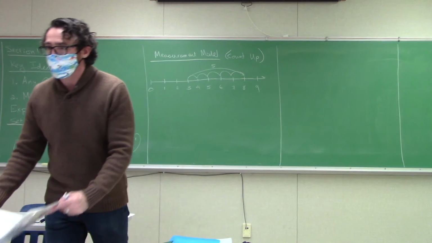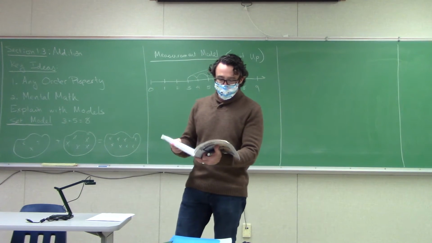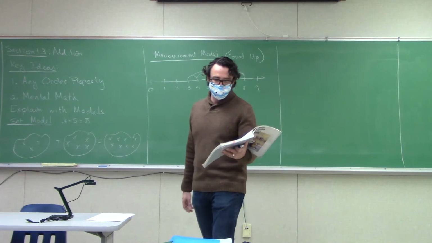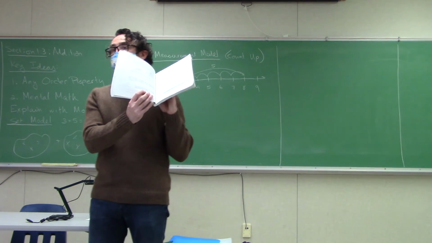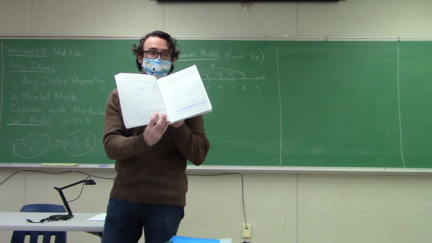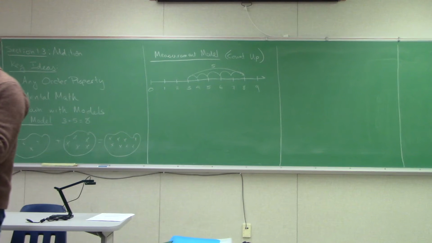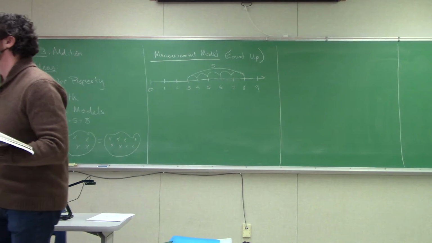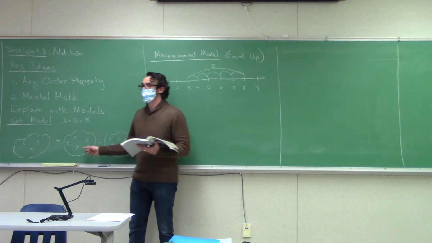So, on page 14 of your book, if you've got it, you can open up with me and check this out. On page 14, they have this picture here, indicating some grade levels and what's getting done at those grade levels. These operations are actually introduced in kindergarten. You could do set model addition with a kindergartener.